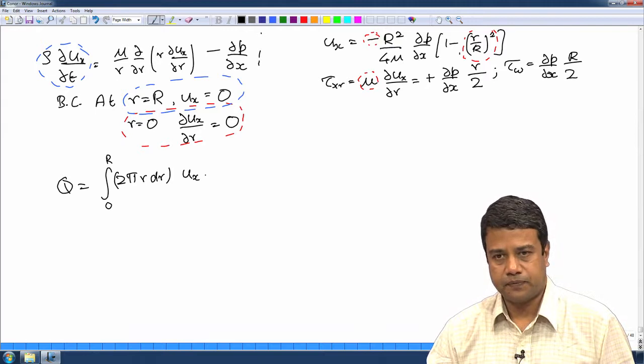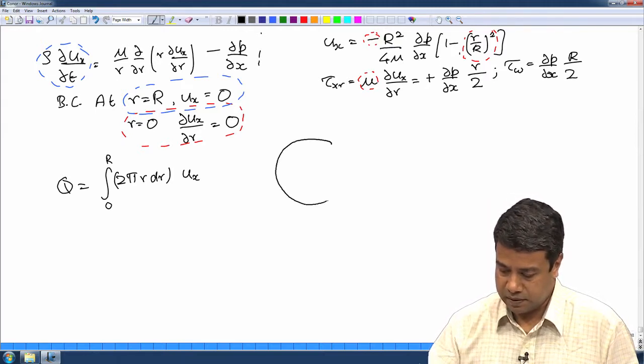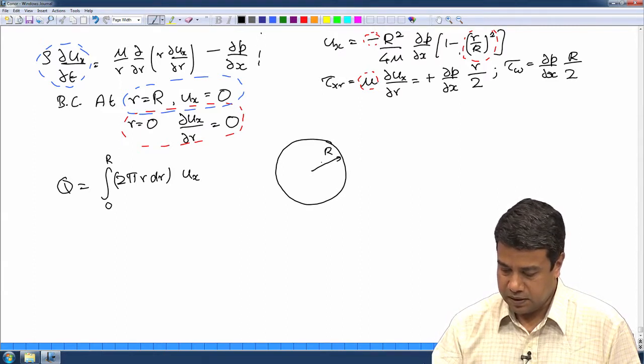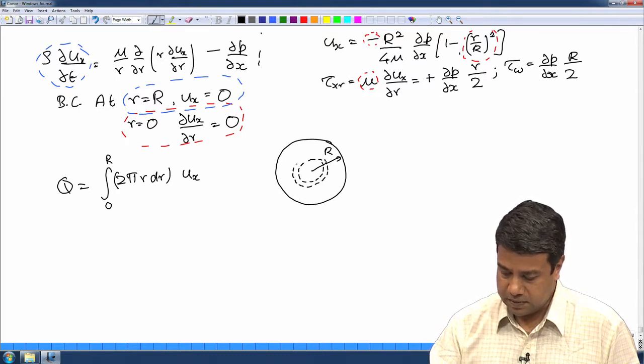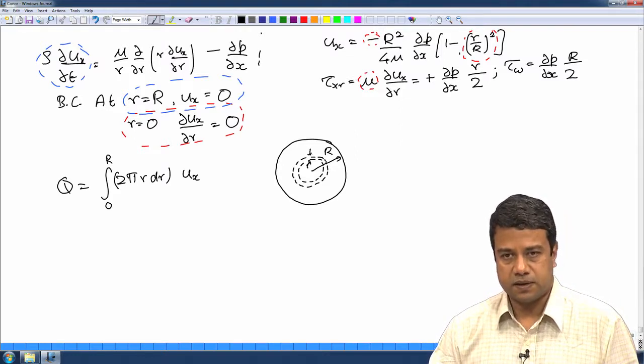So, how do I calculate the flow rate? If I have a pipe of radius R, I take a differential element between r and r plus delta r.